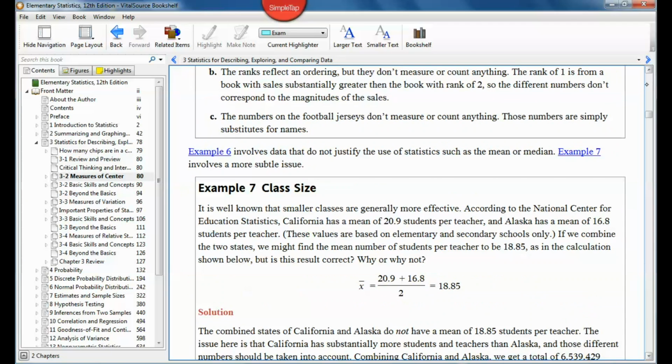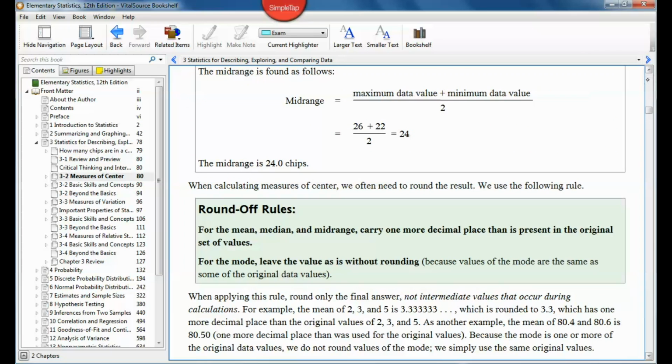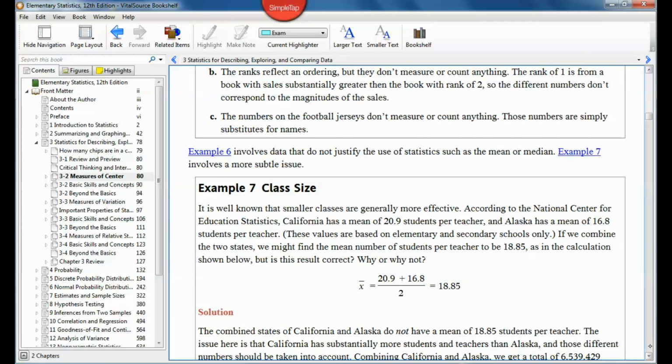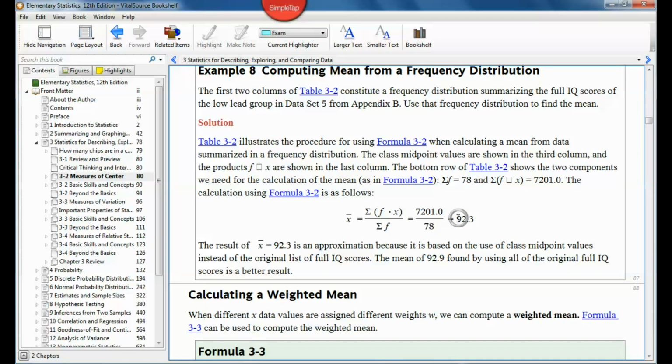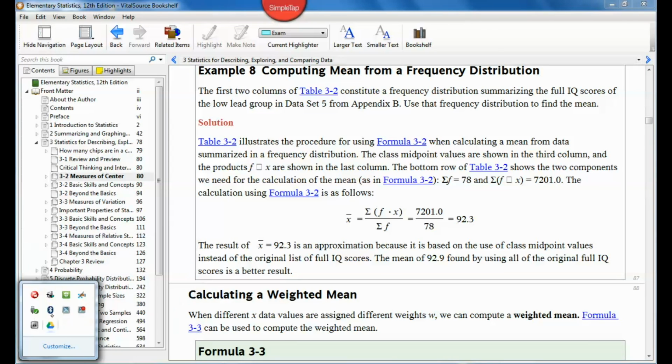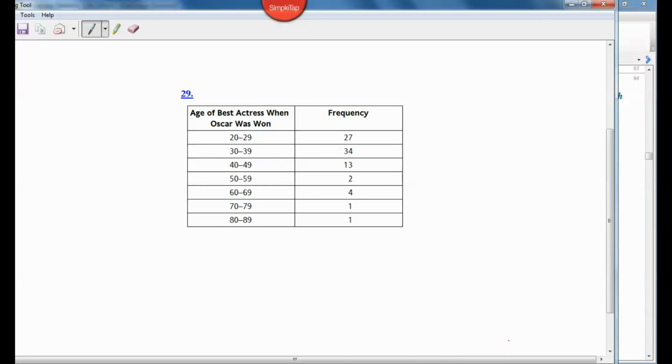And then we get 92.3. Let's say we wanted to figure out the mean of this frequency distribution. We have the classes, we have the frequency. We need to figure out the class midpoints.